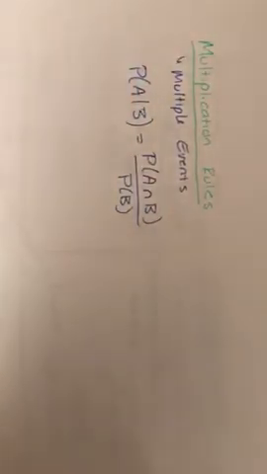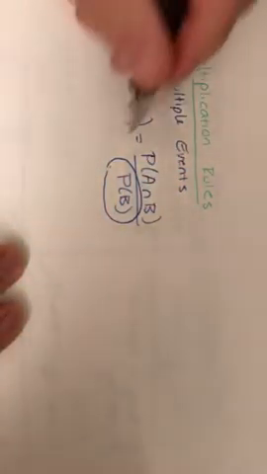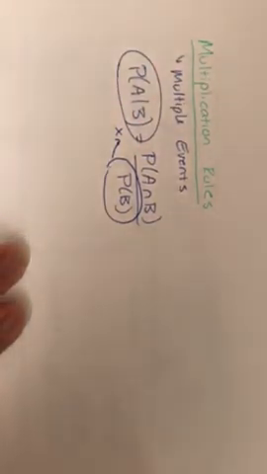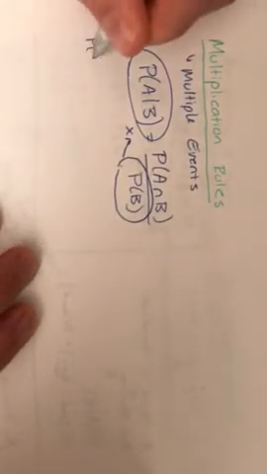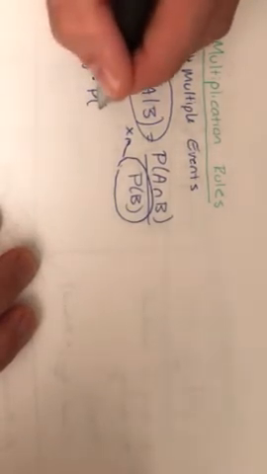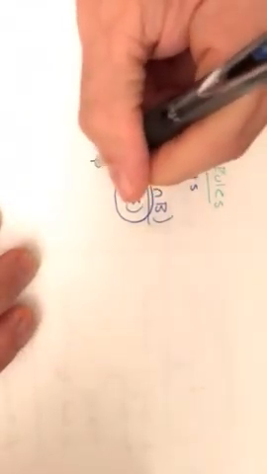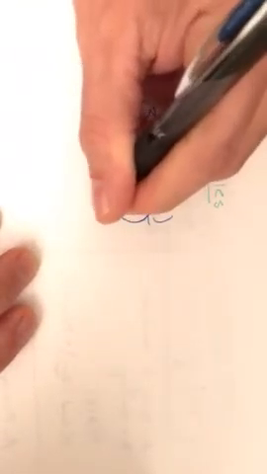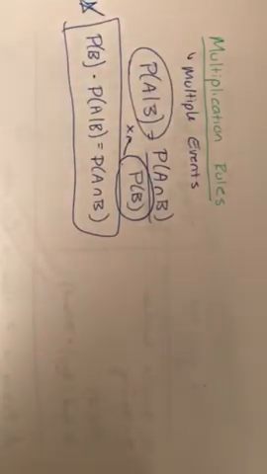This is on your formula sheet. I can very easily turn this into a multiplication rule by getting rid of this denominator. Well, how do you get rid of this denominator? Well, you can cross multiply it up to the top. Okay? So when you cross multiply it, this would be the probability of B times the probability of A given B is equal to the probability of A and B. This is your multiplication rule.